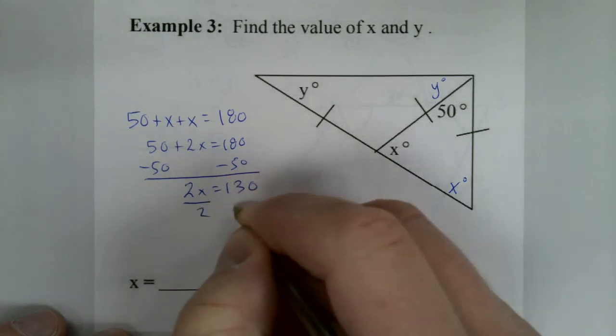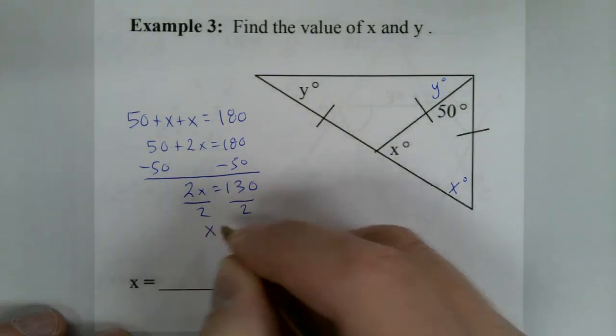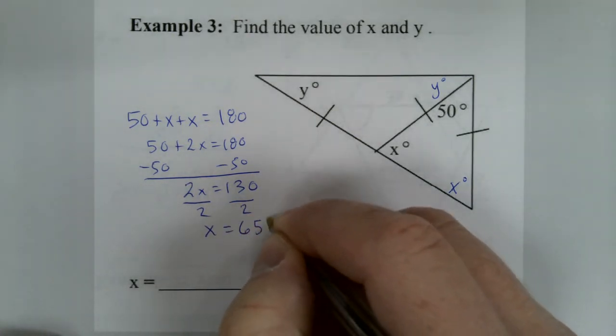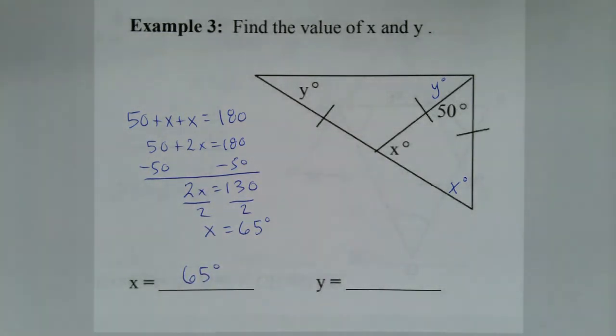I then divide that by 2. X is going to be 65. So there's my x value.